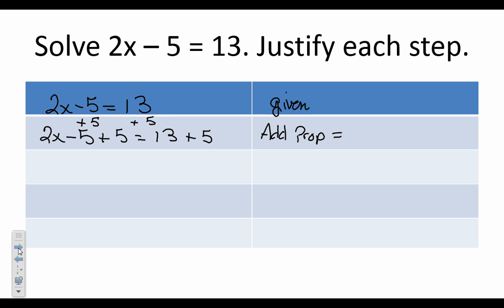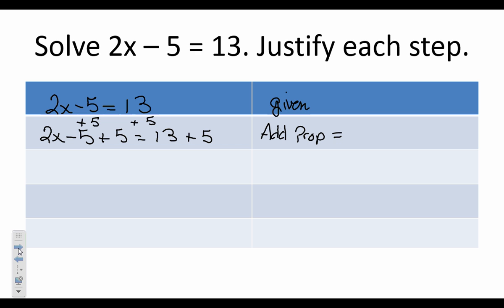And you can abbreviate. There's no reason to write it completely out. We added 5 to both sides. So addition, ADD dot, prop for property, equals or equality.